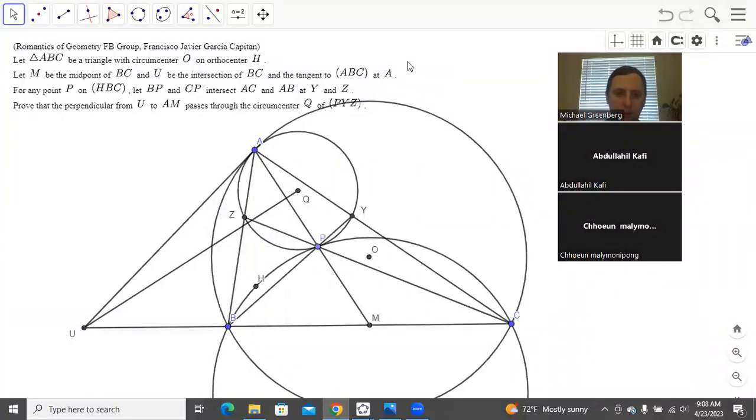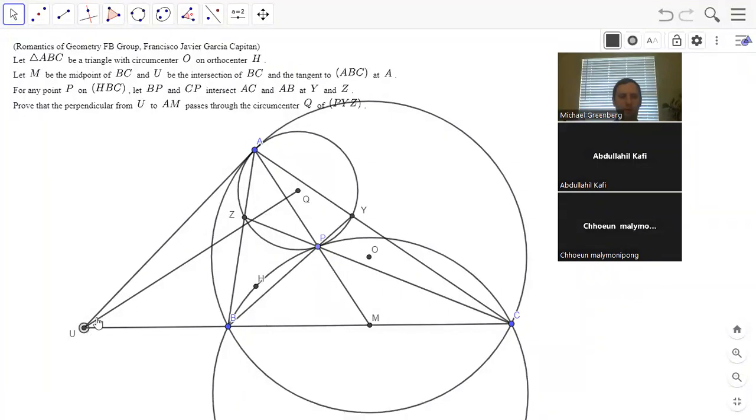Yeah, so QA equals QP. Okay, and then U. So basically, I see that U has the same power with respect to the big circle and this circle and point A, right?